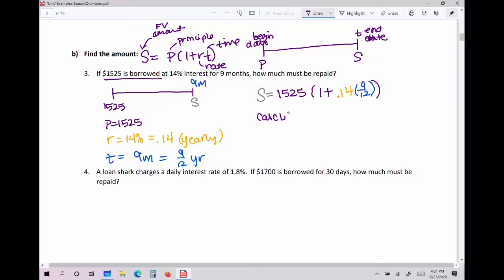Calculator keystrokes are something that I do pretty often, just to make sure that we understand how to put this in a calculator. I would do 1525 and then parentheses. You don't need a times sign here, but you can put 1 plus 0.14, and then I do times 9/12, and then close parentheses. You could do an extra set of parentheses here, but again, you don't have to. Let me show you how that would look.